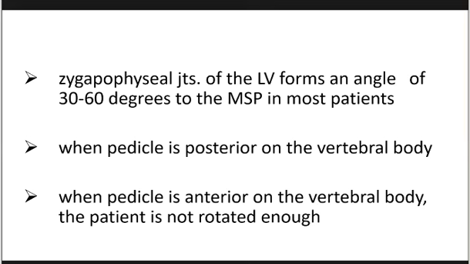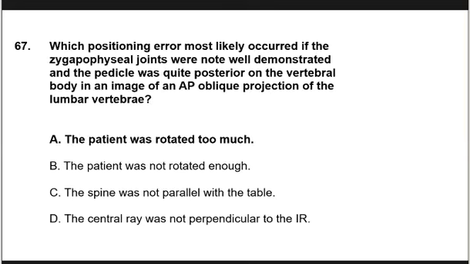So I repeat, kung nakikita natin ang pedicle posterior to the vertebral body, ano ang naging error dito sa AP oblique ng lumbar vertebrae? The patient is rotated too much. Sobra ang rotation.